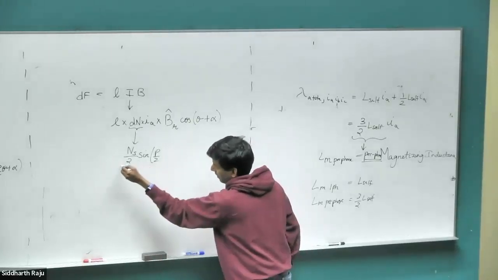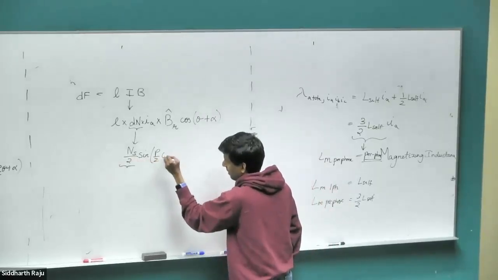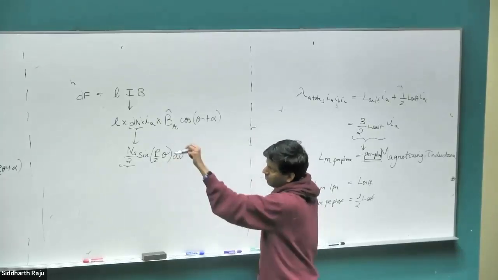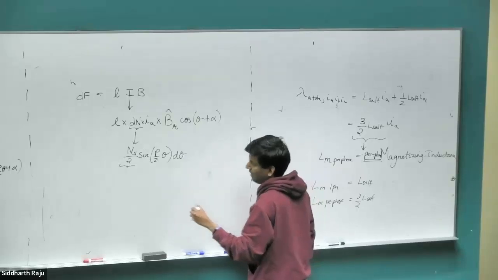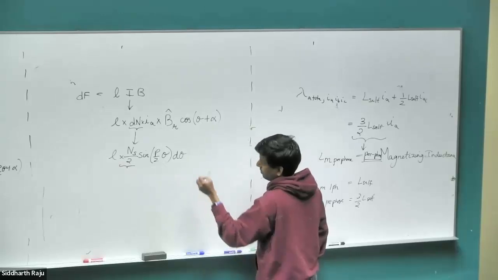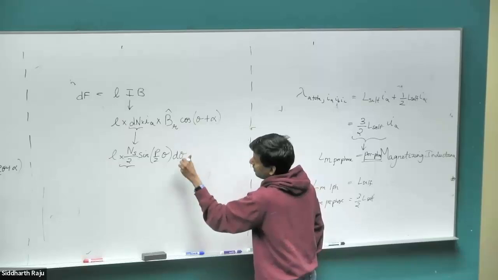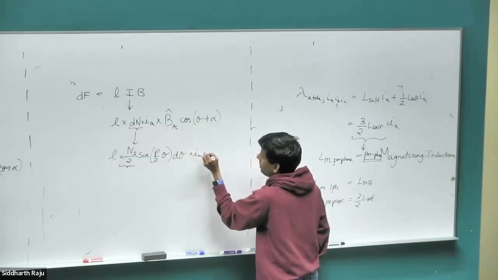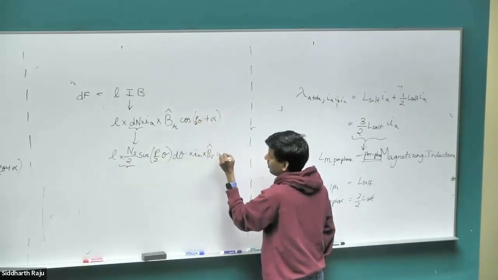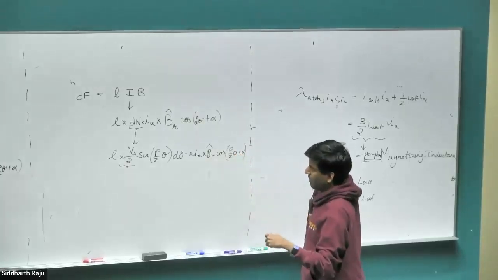So the distribution, the answer Hannah gave, Ns by 2, remains the same, sine of p by 2 theta, this is the only thing that changes, times d theta, the number of conductors over the tiny distance, times L times R times p by 2 times theta times d theta times I_A times B_R peak cos of p by 2 theta plus alpha.